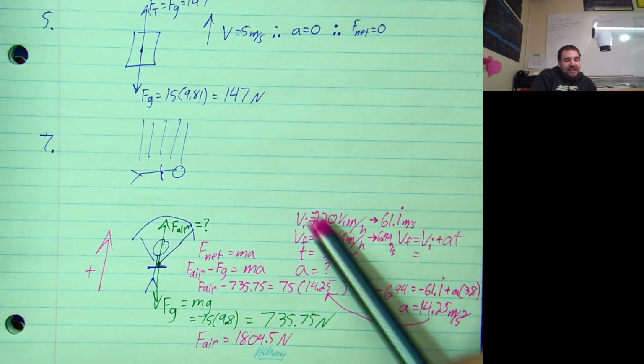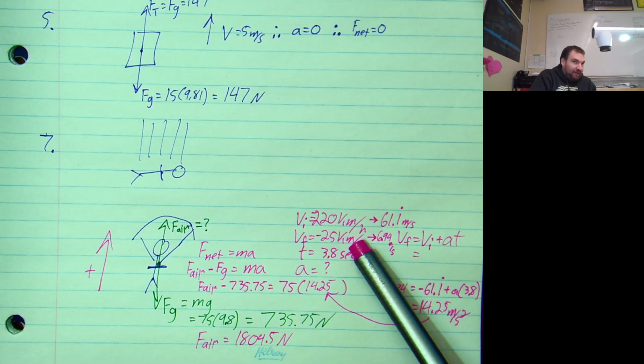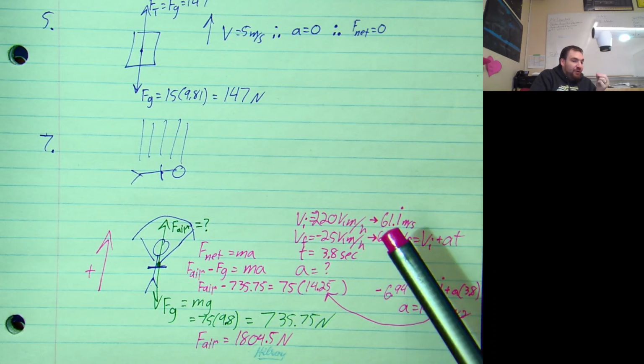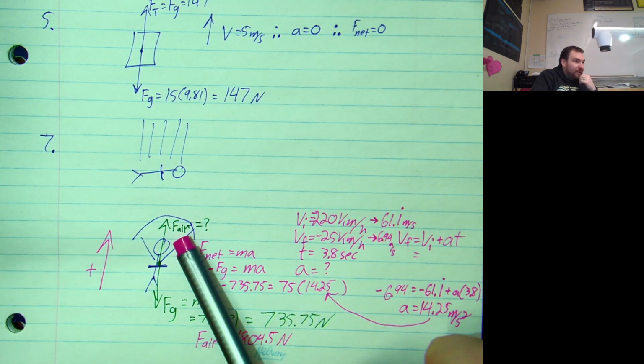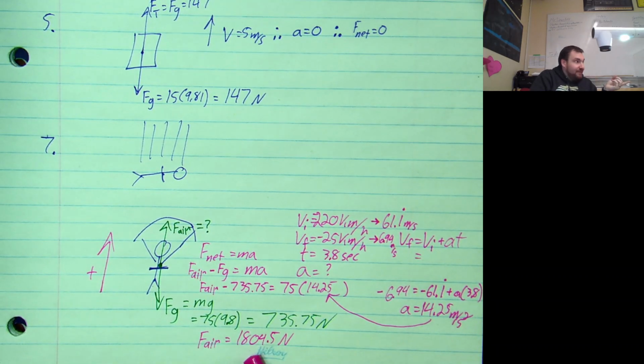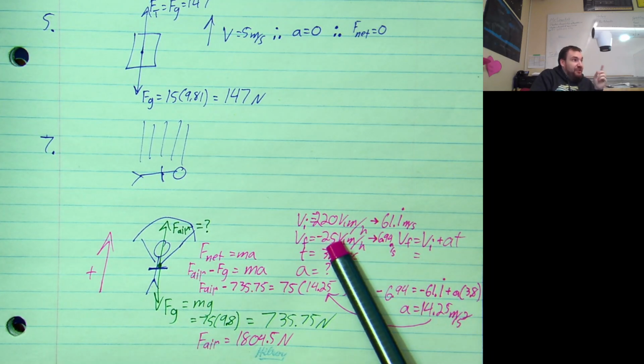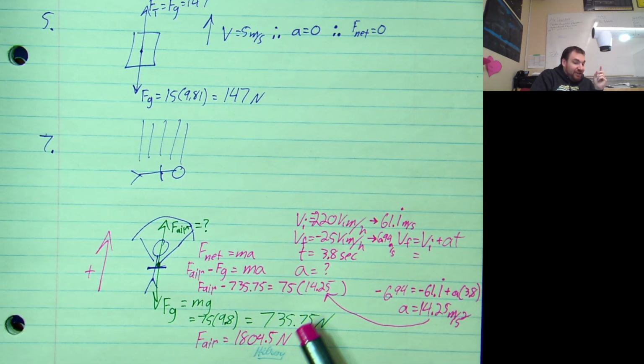So as she's now reached 25 kilometers per hour, what's going to happen to this force right here? It's going to decrease from this to what? If she stays at 25 kilometers per hour till she hits the ground, it's going to be exactly F g.